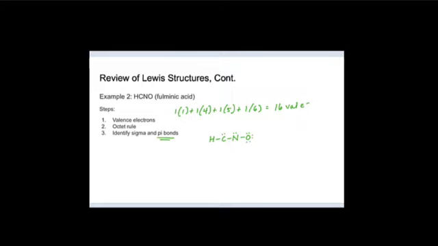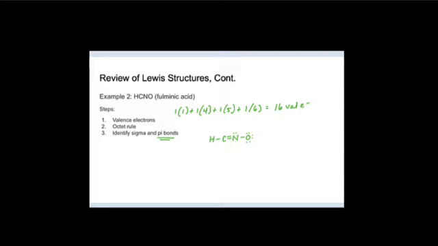So if I took away the lone pair on carbon, what could we come up with for some valid structures? At this point, carbon still doesn't have an octet. And so, what else could we do?